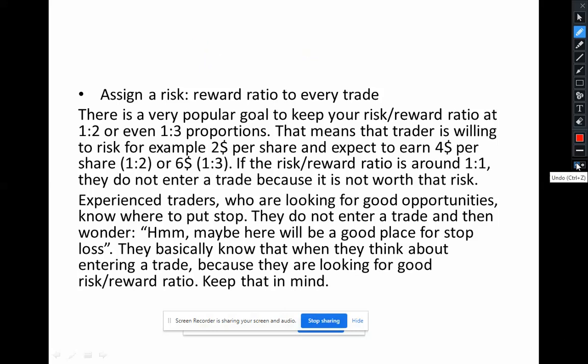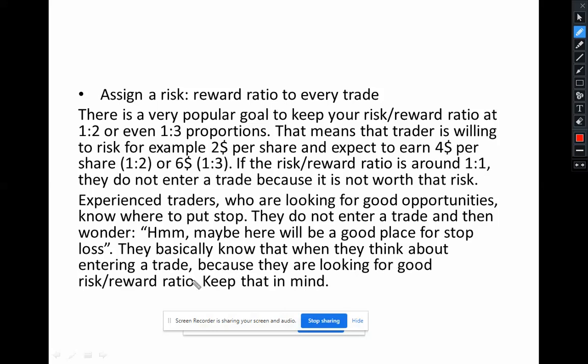Experienced traders who are looking for a good opportunity know where to put the stop. They do not enter a trade and then wonder where a good place for the stop loss might be. They know it even when they think about entering a trade, because they are looking for a good risk reward ratio.